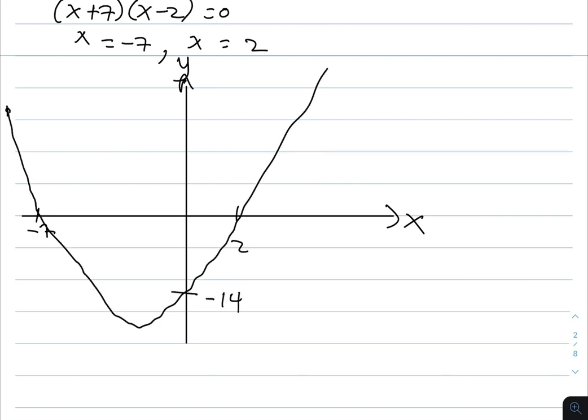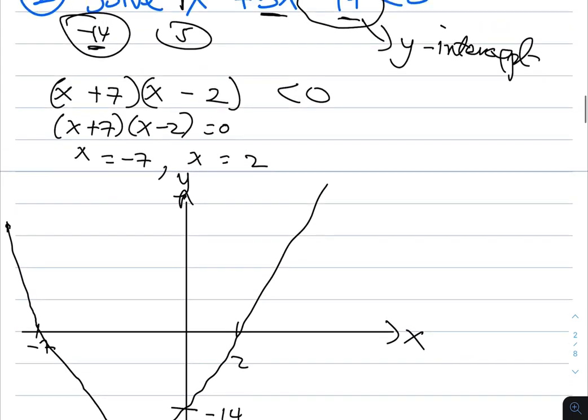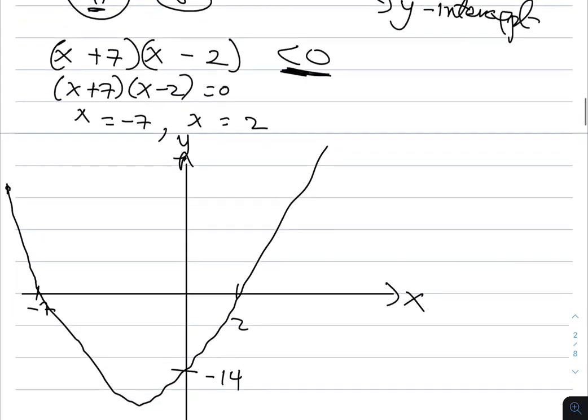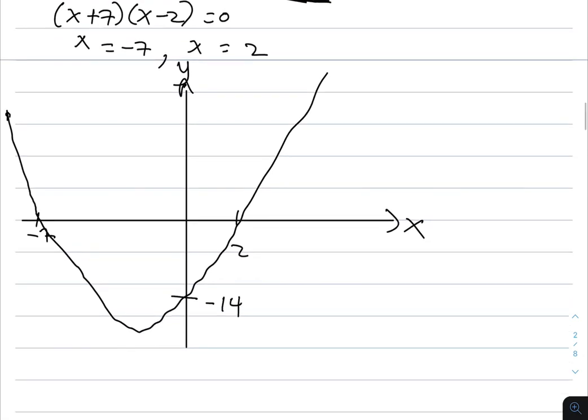So that will be negative 14. What is the question saying? The question says that it should be what? Less than 0. It means it must be negative. And if it must be negative, then this is the region that we are interested in. The part that is below the x-axis, that is the negative part that we are looking for.